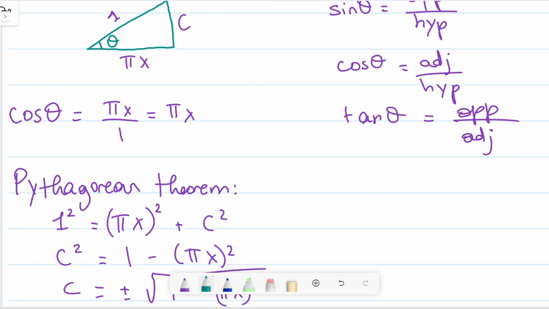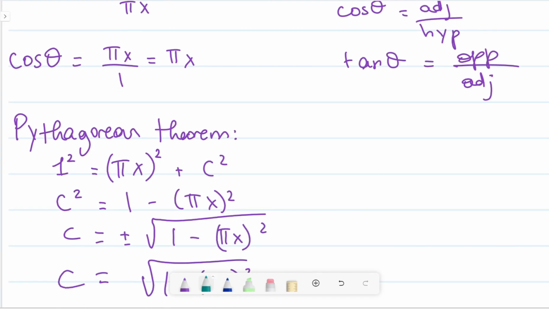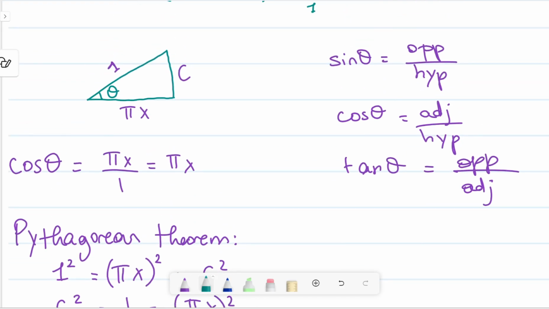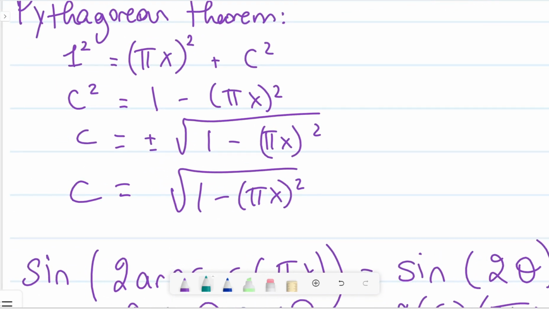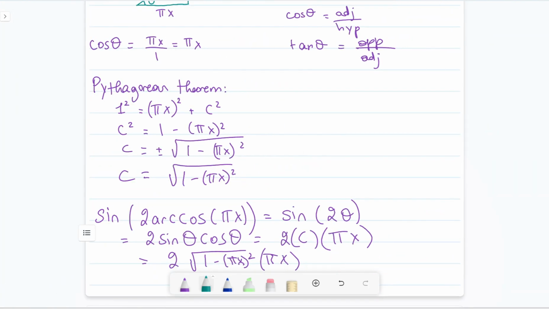So c equals positive or minus the square root of 1 minus (pi x) squared. And you will notice that c is the length of a side, so c is positive. Therefore, we accept the positive answer, so c is equal to the square root of 1 minus (pi x) squared.